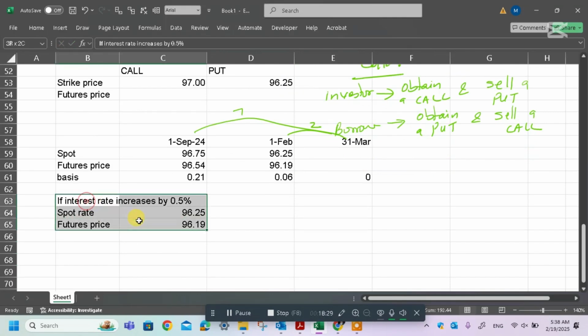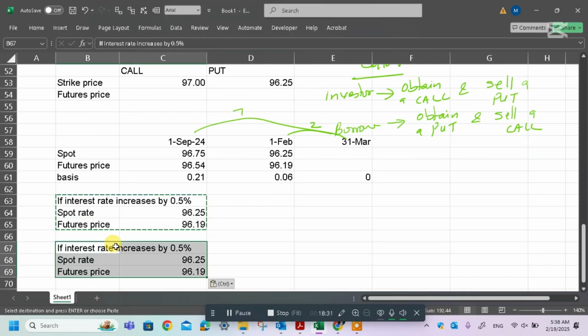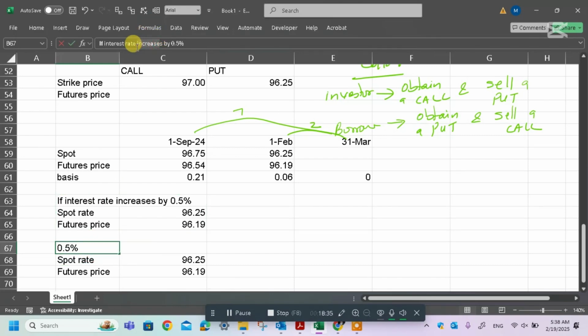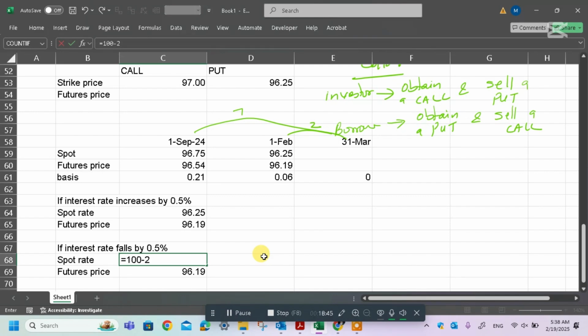Same thing, if interest rate falls by 0.5 percentage, then 3.25 will become 2.75. So it's going to be 100 minus 2.75, and the working is same, minus 0.06, 97.19.